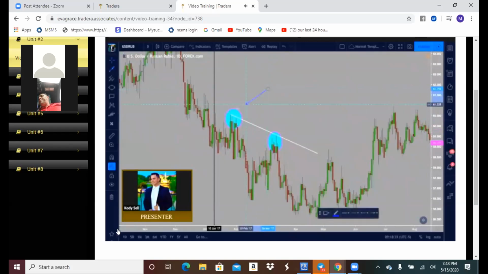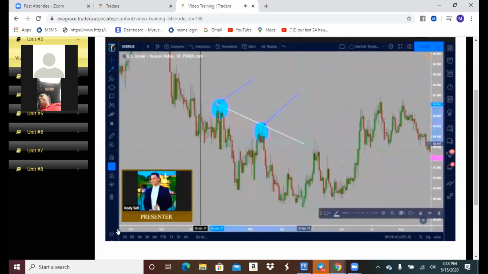So in this example, the outermost peak was this wick right here and this wick right here, which we can bring a little further out like that, okay? And then I'm going to drag this through here, right in this area.